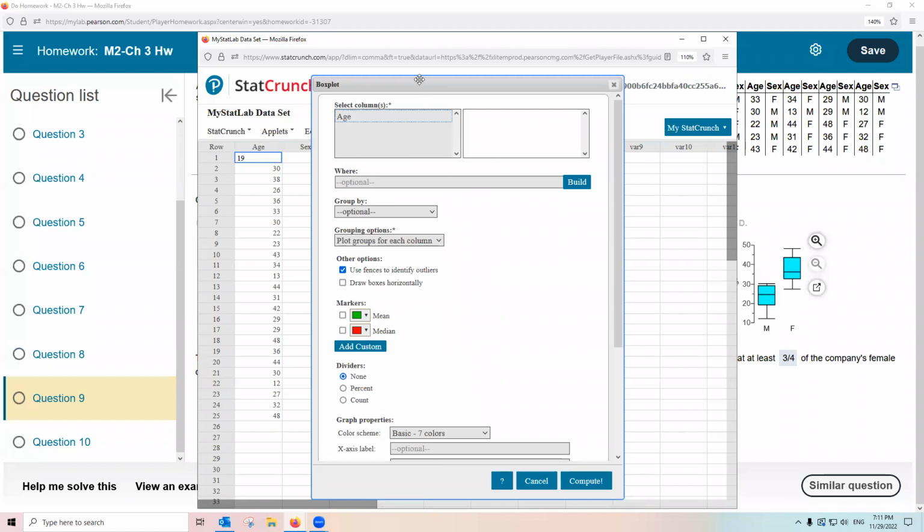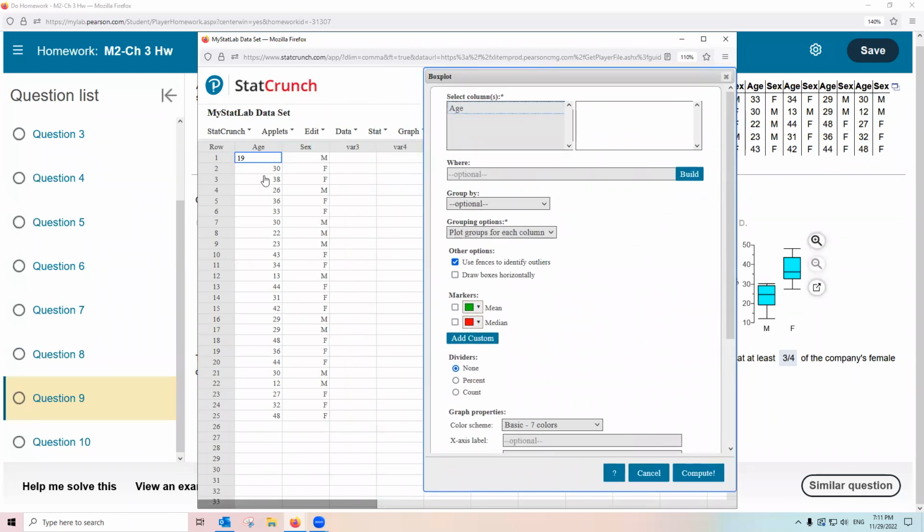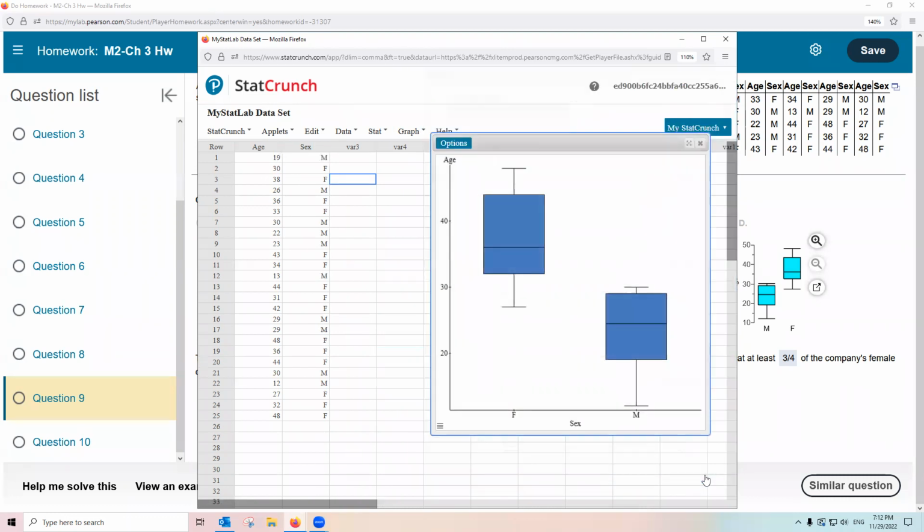And I want to really plot the ages, but I know I want to separate it by the gender. So I'm going to select the column called age. And if I come here, Group by, this allows me to separate the data and group it. In our case, we want to group it by sex or gender. All right, and then I'm just going to click Compute.